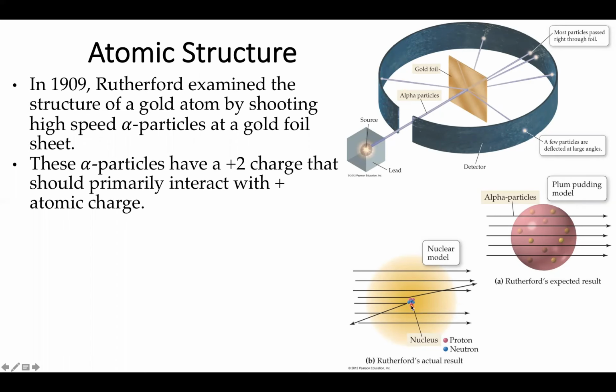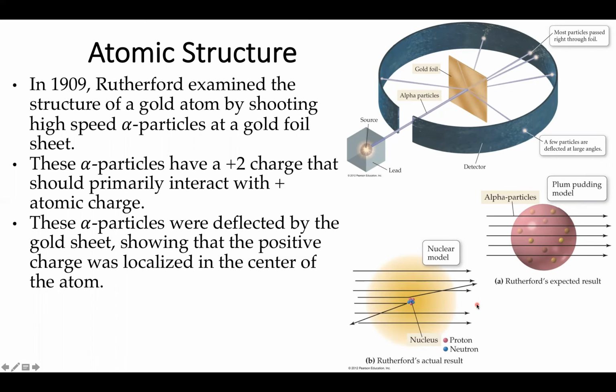And so the problem is that when you're seeing this deviation of the alpha particles, what it's indicating is that all that positive charge is essentially discretely localized somewhere in the middle of the atom. Because when you have this concentration of positive charge, it's going to have a much greater impact on any incoming alpha particles.